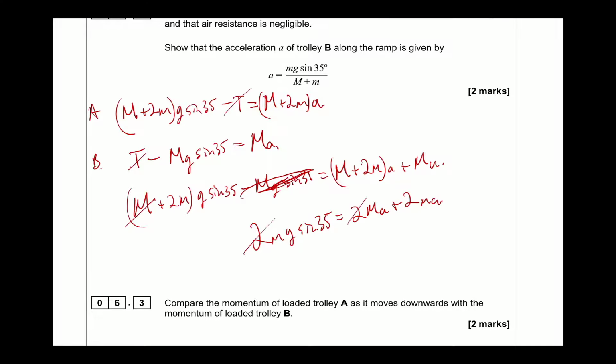The 2 divides through. So mg sine 35 is equal to M plus m times a. So a is equal to mg sine 35 divided by capital M plus small m, which is our proof. Okay, so I just started my approach completely wrong with that one.